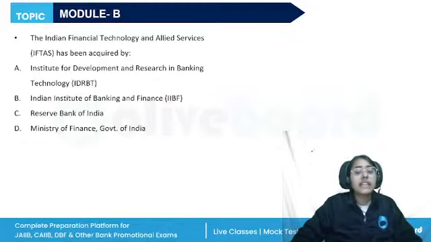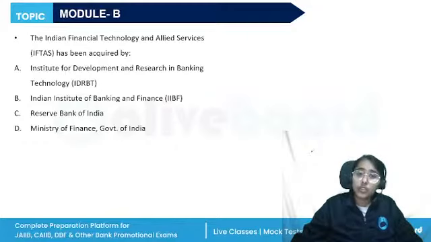Then we have the Indian Financial Technology and Allied Services, IFTAS, has been acquired by. Here we need to remember all of the institutions that we have studied. The IDRBT, which is the Institute for Development and Research in Banking Technology, has developed the Infinet, SFMS, NFS, and the IBCC. Then after the recommendations made by Dr. C. Rangarajan committee, it was said that the role of IDRBT should be only research and development.